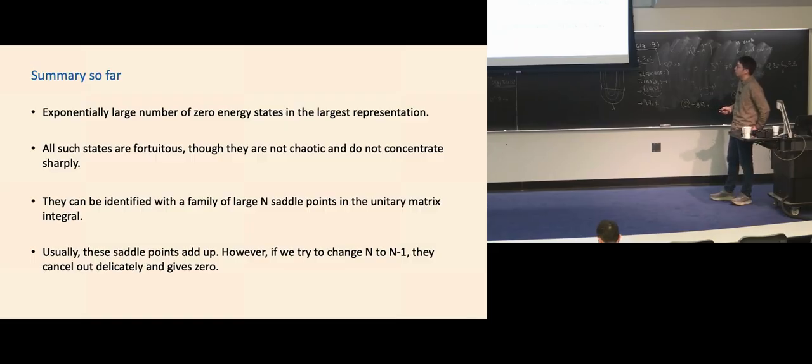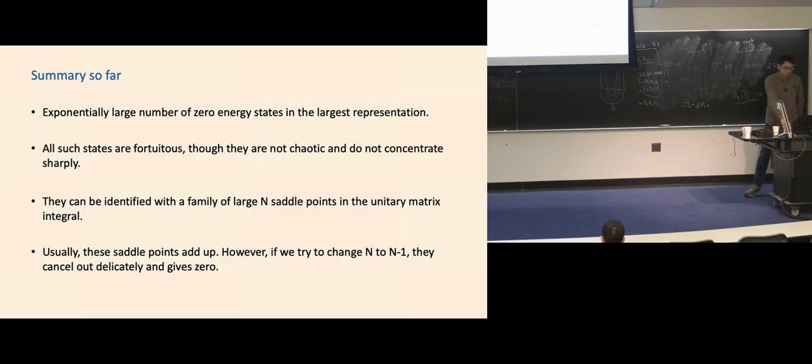Because here it seems to depend on the cancellation of these many configurations. But in actual holographic examples, if you just have one saddle point, it's not clear what the mechanism is that it would disappear when you go from n to n-1. Perhaps there is the integral of this theta n that makes the answer vanish. But that's something I haven't been able to understand.